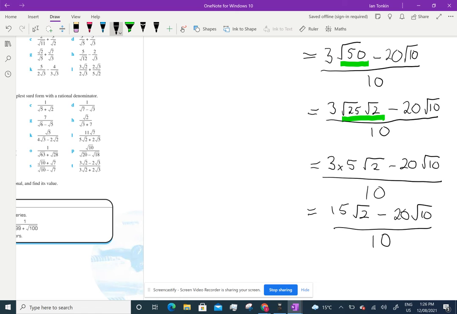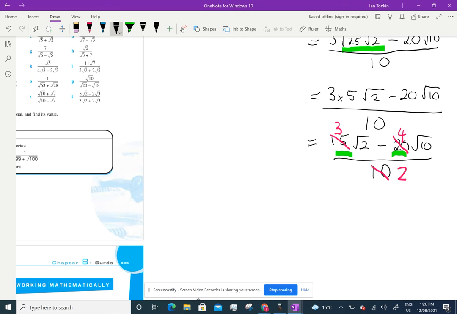Now, because I've got things in both, I have to cancel out of both of those. Okay, 5 goes into 10 twice, 5 goes into 20 4 times, 5 goes into 15 3 times. You have to cancel out of both parts.